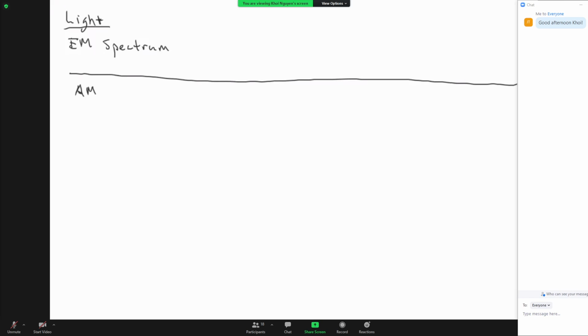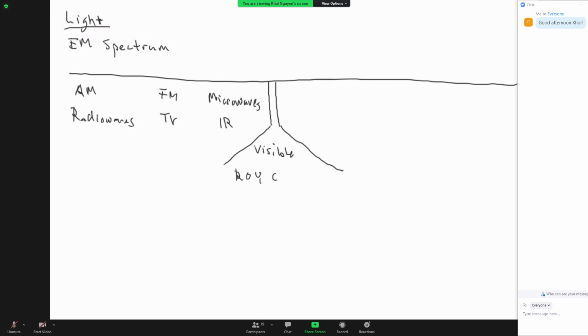We have your AM radio waves, FM TV waves. You got your microwaves, and then infrared. This thin sliver of what we can see is called the visible spectrum. That's what we can see, and this is where we get our colors of the rainbow, our Roy G Biv, right?